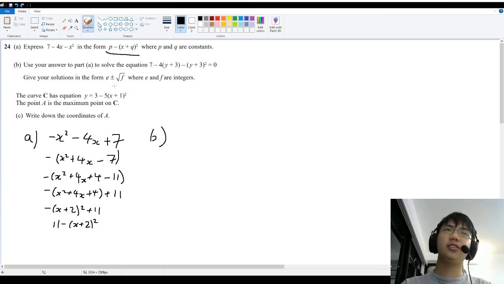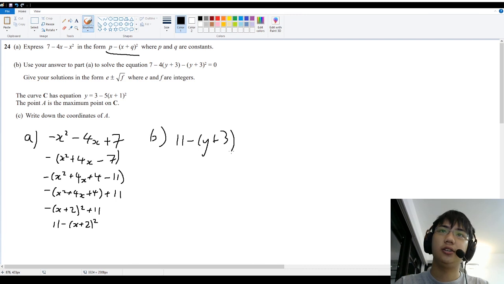For part B, using your answer to part A, solve 7 minus 4y plus 3 minus y plus 3 squared equals 0. So we basically replace the x with y plus 3, so 11 minus y plus 3 plus 2 squared equals 0. So 11 minus y plus 5 squared equals 0.